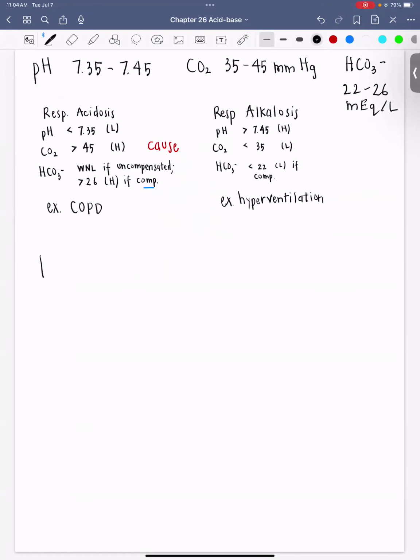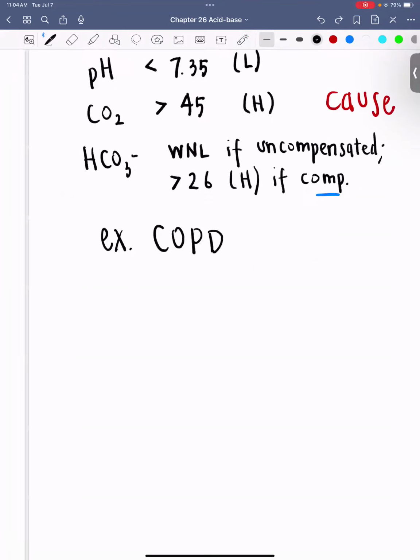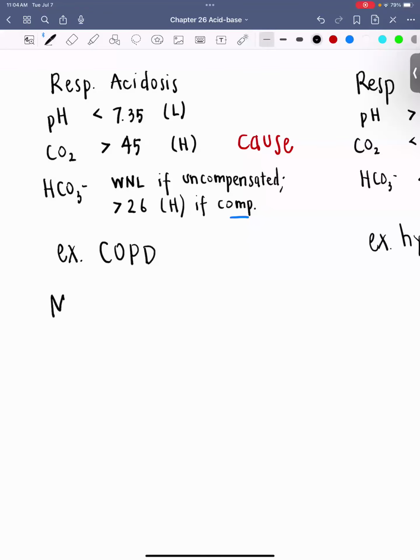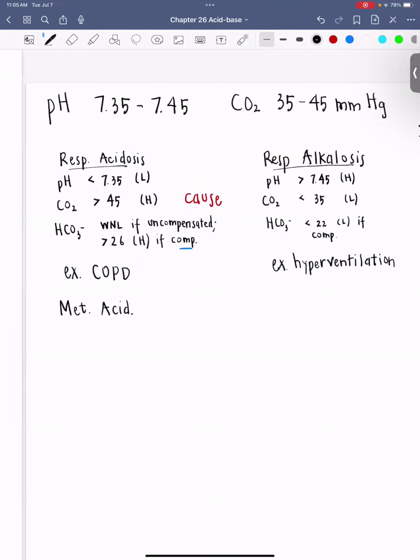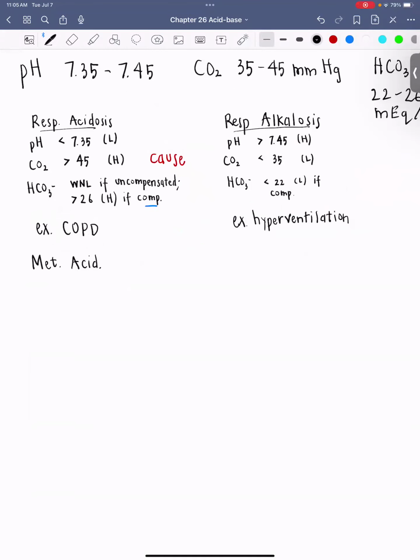Okay, now we can look at the metabolic acid-base imbalances. I'm going to abbreviate metabolic, and I'm going to abbreviate acidosis. So in metabolic acid-base imbalances, first we look at the pH. And again, by definition, whether it's respiratory or metabolic in nature, if it's acidosis, the pH is going to be low.